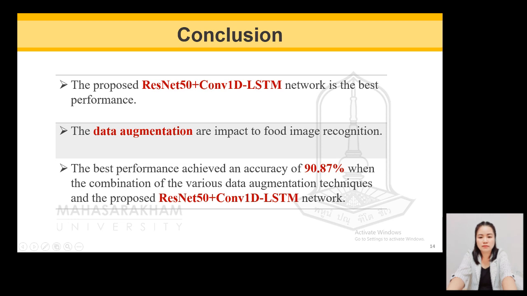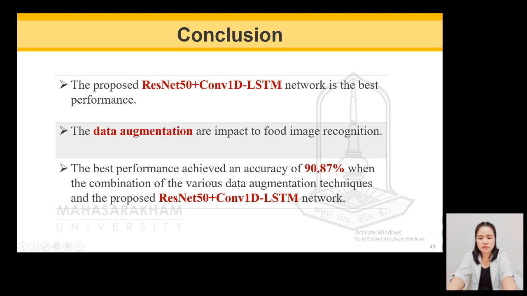This study proposed the ResNet 50 and Conv1D LSTM network for accurate food image recognition. First, our network took advantage of extracting the robust spatial feature using ResNet 50 architecture. Second, we used the robust feature as input data for the Conv1D combined with the LSTM network, namely Conv1D LSTM. Finally, the softmax function was employed to transform the outputs of the Conv1D LSTM into a probability distribution.